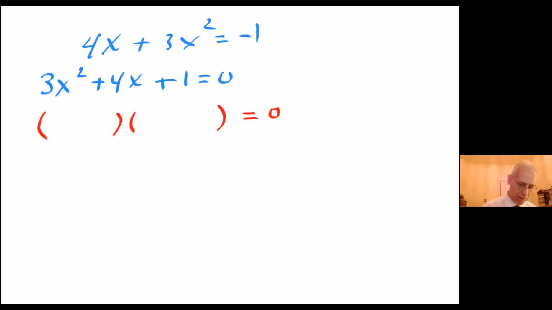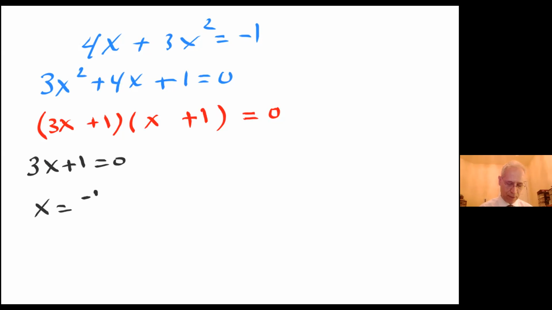How about 3x and x, and two terms that multiply to 1? How about plus 1 here and plus 1 here? Let's see. 3x squared plus 3x plus 1x is 4x. Yes, this is correct factoring. Setting this equal to 0, 3x plus 1 equals 0 results in x equals negative 1/3, and x plus 1 equals 0 results in x equals negative 1. So the solution set is negative 1/3 and negative 1.